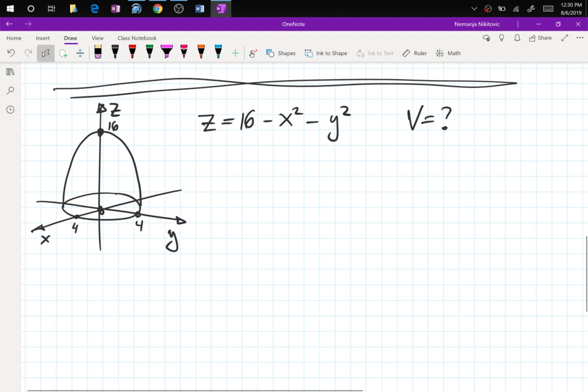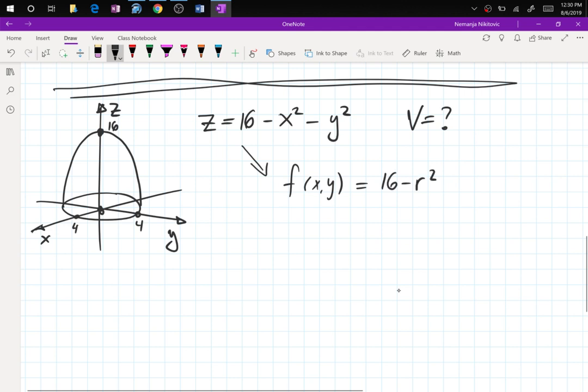So when you look at this, you can transfer this formula easily into your f of r and theta. Well, let's not use f of r and theta. Let's just say f of xy, which are those cosine and sine, and this is 16 minus r squared.